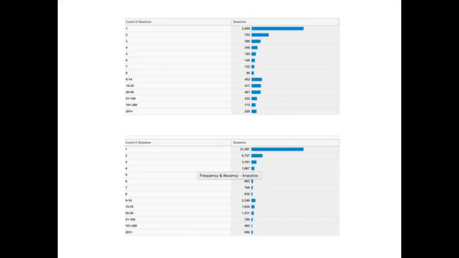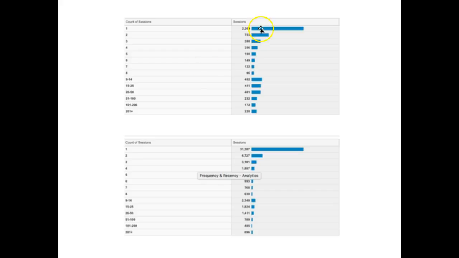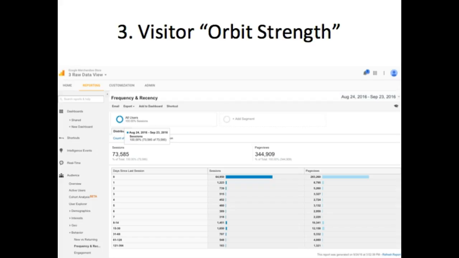That would mean that any traffic coming back is coming back down in this range here, 2 to 3 months, up to a year, and they're only coming back once or twice. We have some problems because, again, our orbit's not very tight, which means that we're not getting information out there, which probably would result in a very poor e-commerce conversion rate. And so again, we're trying to measure the gap between the 2 visits for the same person.